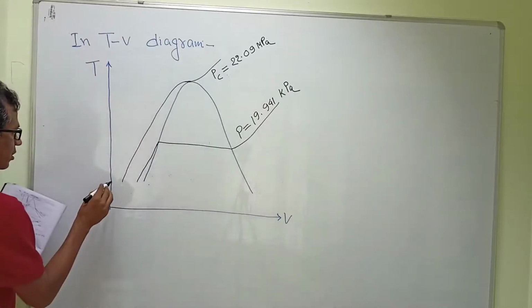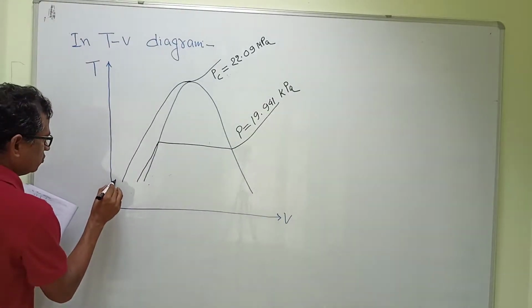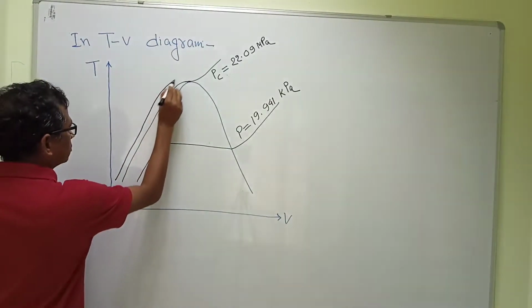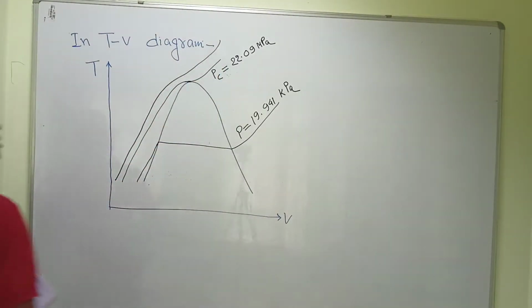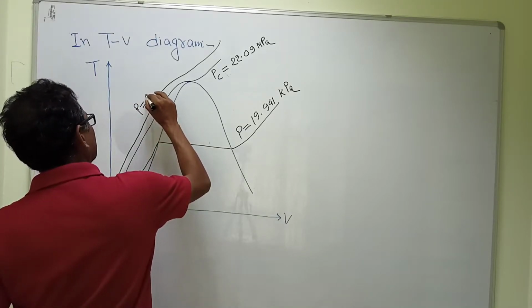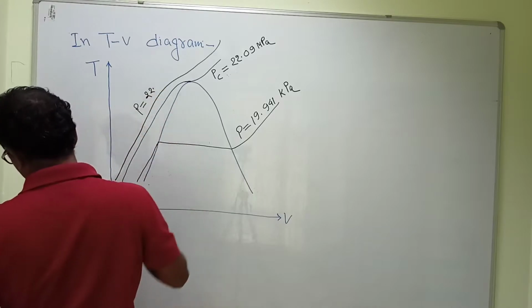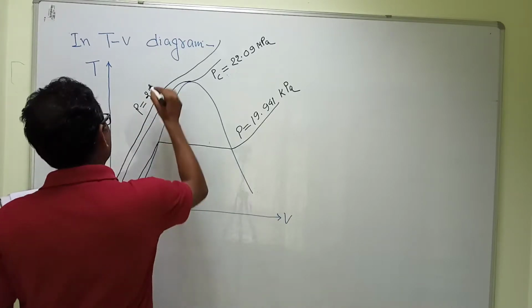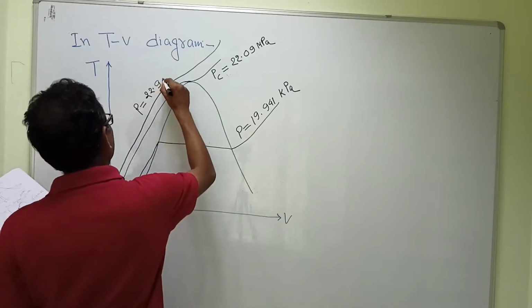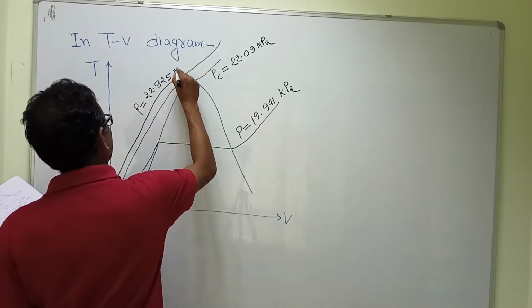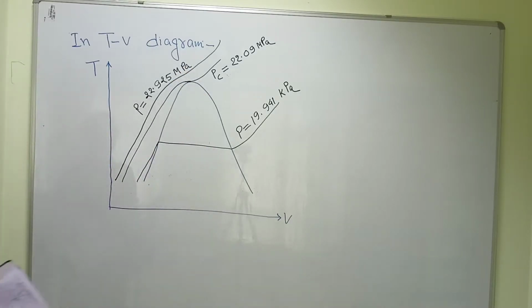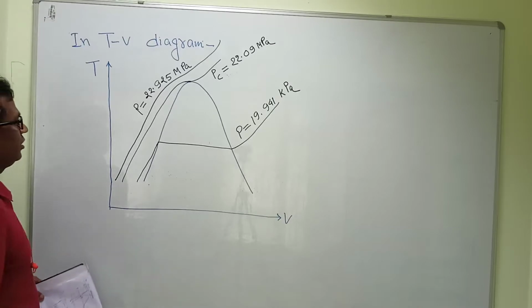So our pressure to reduce 1% of the volume is 22.925 megapascal. So these are the constant pressure lines on the TV diagram.